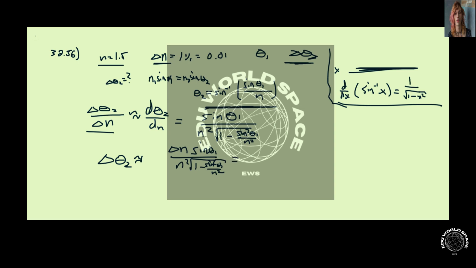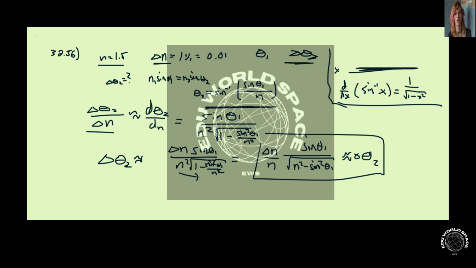So we can now simplify this and pull in one of the n's from here into the square root, and we're left with delta n over n, times sine of theta 1 over the square root of n squared minus sine squared theta 1. And this is approximately our delta theta 2, which is exactly what we wanted to show. Cool. So now let's move on to part B.